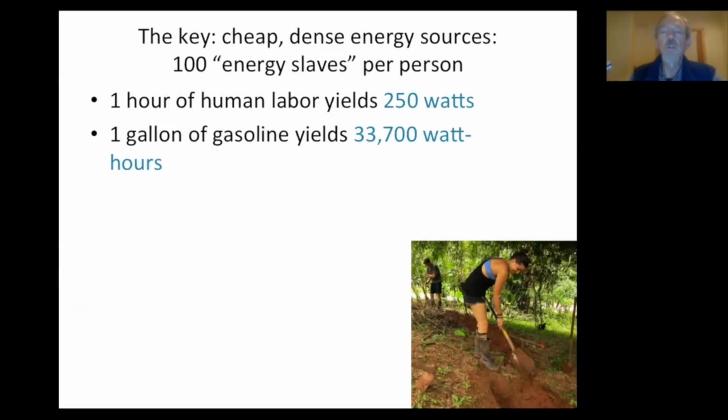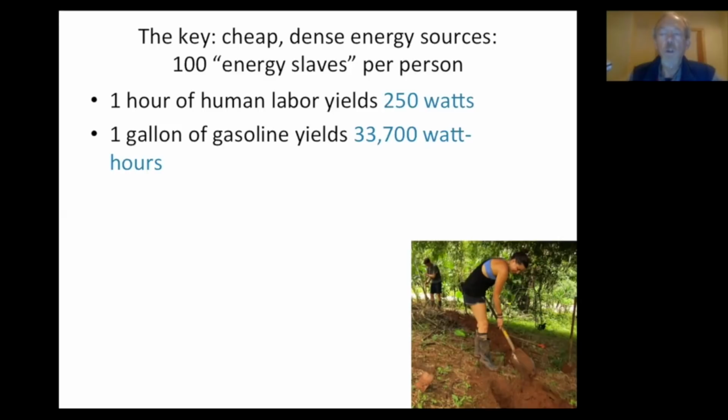You have the equivalent of 100 people working for you just in the fossil fuel that you have available to you. And in Europe, it's a little bit less. It's about 60 or 70 people. The US here, we use a lot of energy. So we have the equivalent of 100 people working for us because of the amount of oil and fossil fuel energy that we have. So how does this break down?